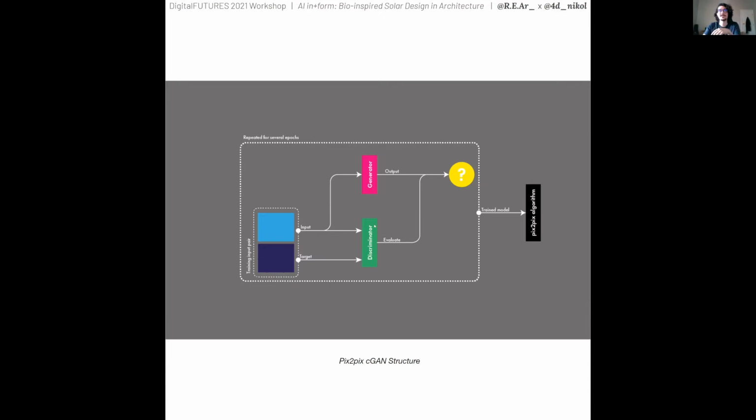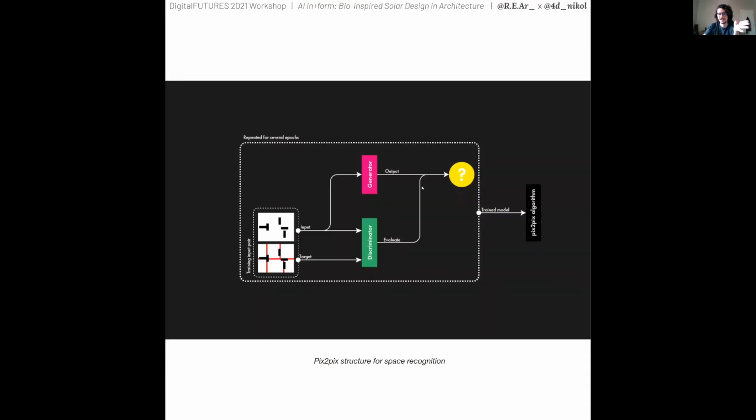By pairing these two models together, the generator is trying to convince the discriminator that it has made a good output, and the discriminator is trying to tell if the generator did it or if it is an actual image. By pairing them together and training them through several epochs, we end up with a generator that is able to make a good translation from one image to the other.